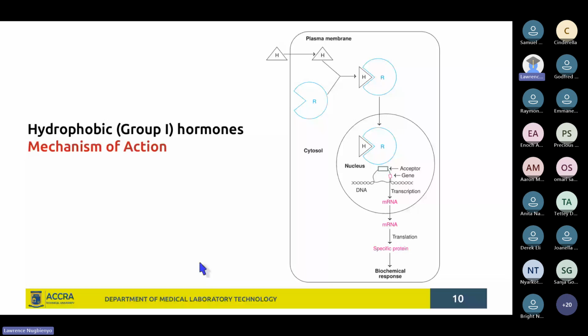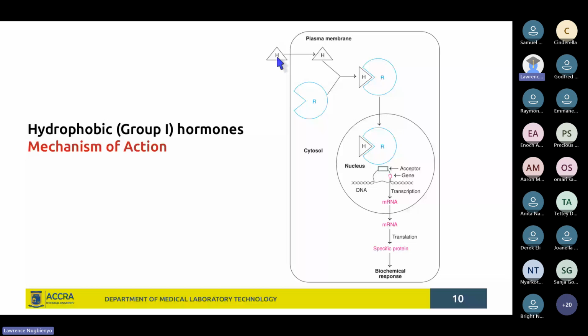Now, we're looking at the mechanism of action of these hydrophobic hormones. As I mentioned earlier, hydrophobic, meaning that they can easily penetrate through the plasma membrane because the plasma membrane is a phospholipid layer. And you see the hormone, which is represented there as a triangle with H there.